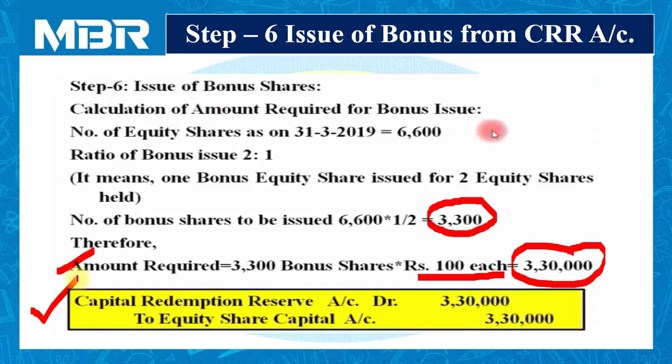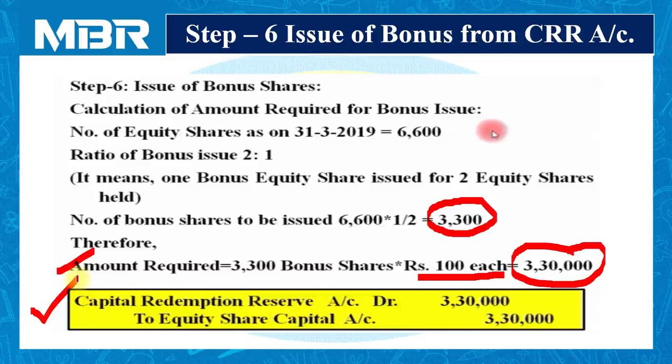Instead of this direct entry, you may pass two different entries for the bonus issue. First, for the arrangement of the fund or declaration of the bonus, and second, allotment of the bonus. We have discussed both types of journal entry, that is two journal entries and a direct journal entry for the bonus issue.